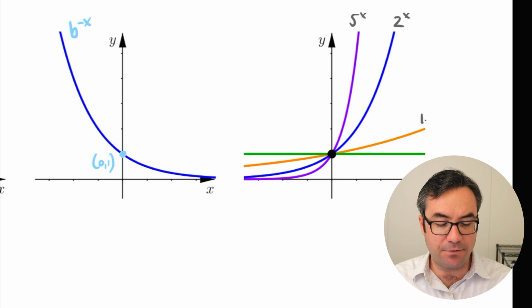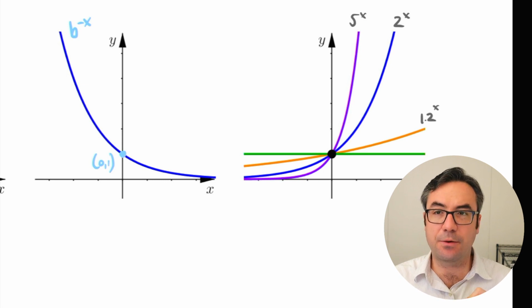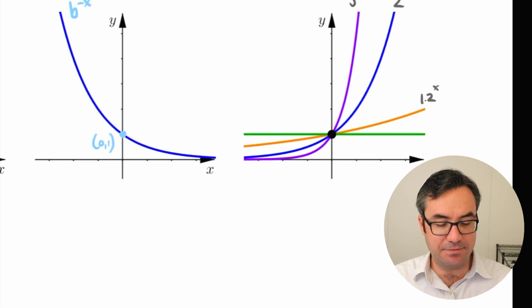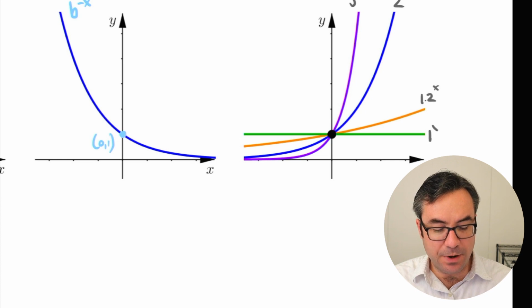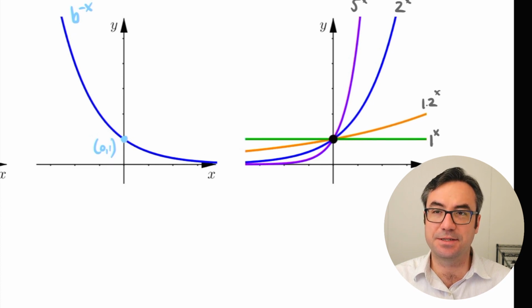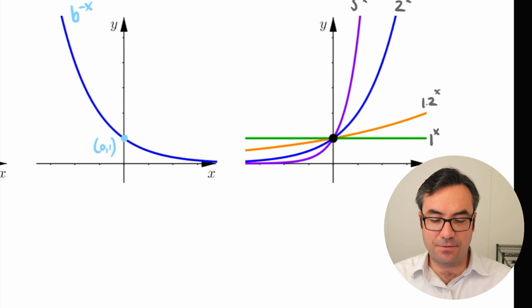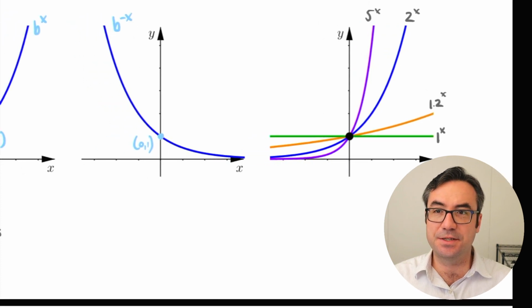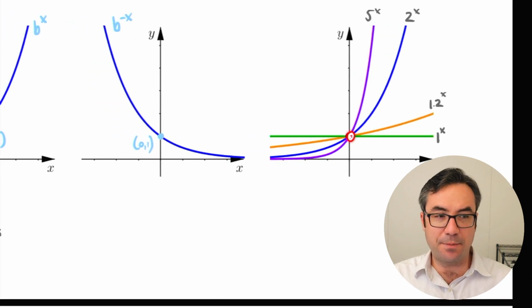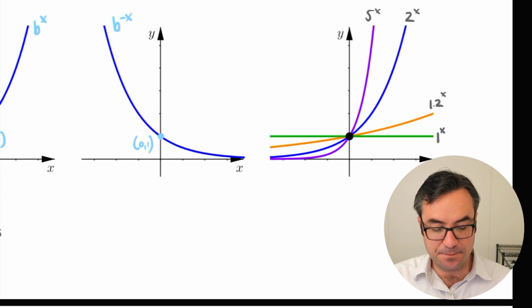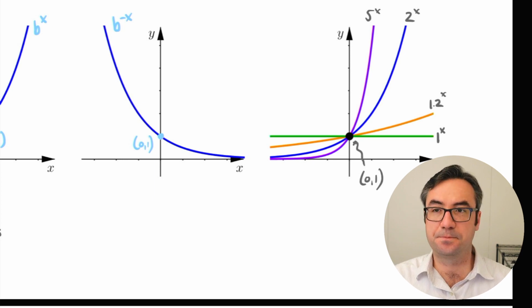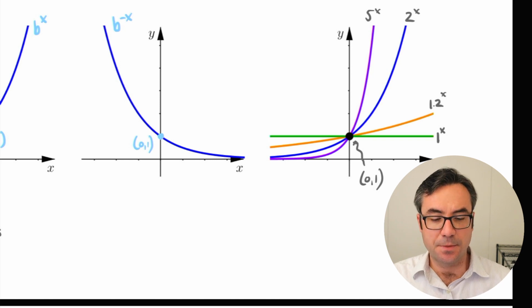Down here we have 1.2 raised to the power x. And then, trivially, we have 1 raised to the power x, which is just a horizontal line. What you see in common with all of these is that they all go through that point 0, 1.